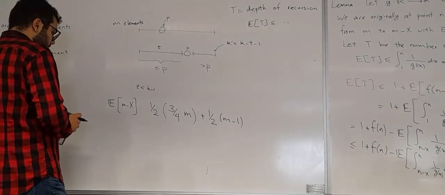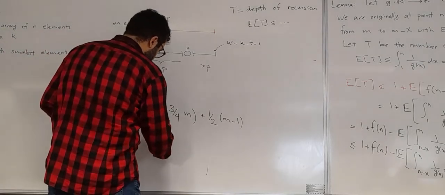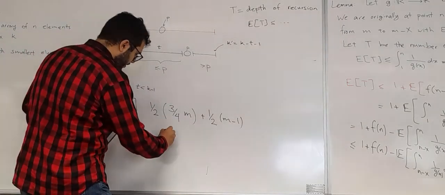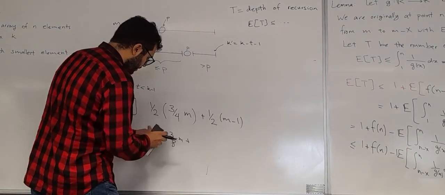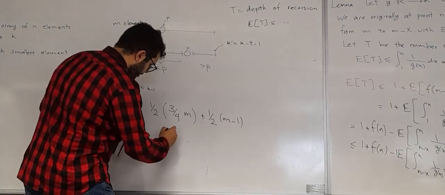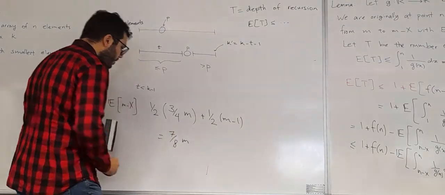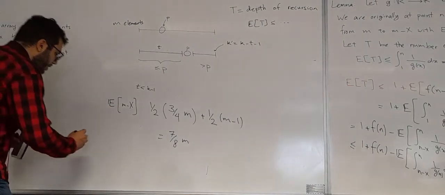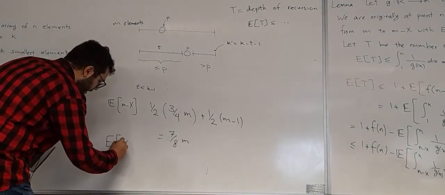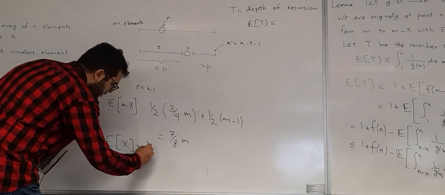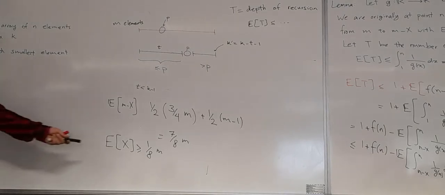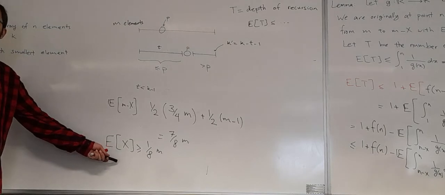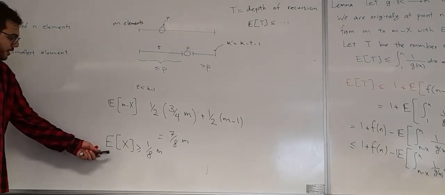So what is this? This is 3/8 of m plus 4/8 of m, so 7/8 of m. So this was m-x. So if I want to find the expected value of x, that's at least 1/8 times m. x is the decrease in the size of our instance.